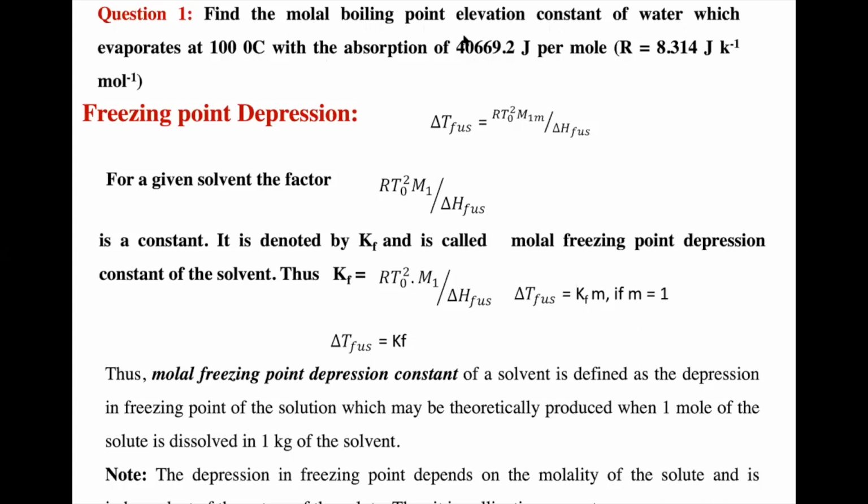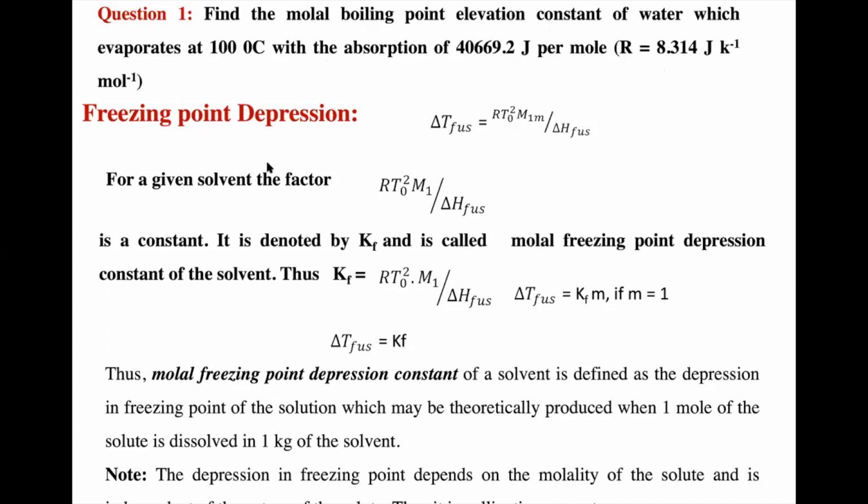So here you have been given the enthalpy of vaporization, delta H vaporization, and you have to calculate the value of Kb, and the rest of the values are given. So by putting all these values in the equation, you can easily calculate the molar boiling point elevation.